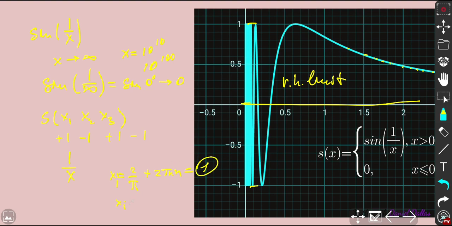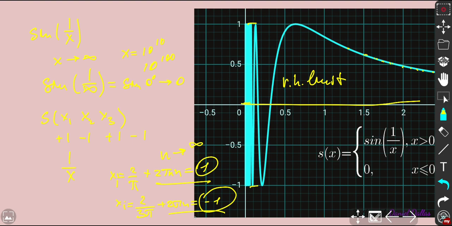If you take other values like 2 over 3 pi plus 2 pi n, you'll get -1 values. And by increasing n to infinity, for this set of numbers you'll have 1, and for this set of numbers you will have -1. So you can never predict which exact value the function will take.